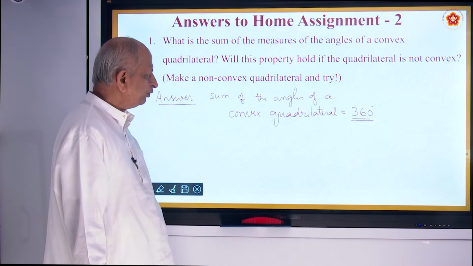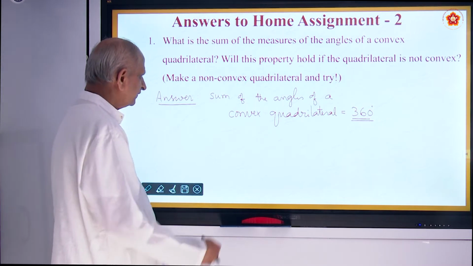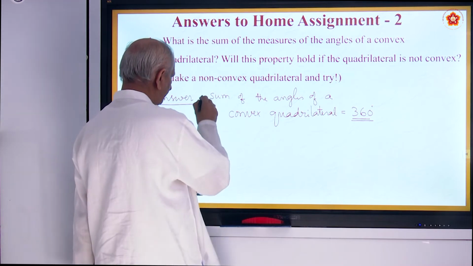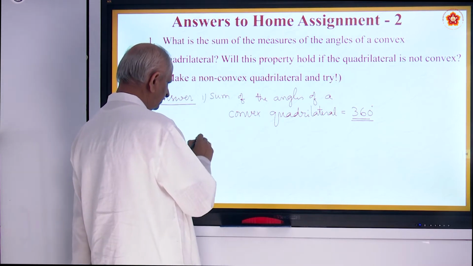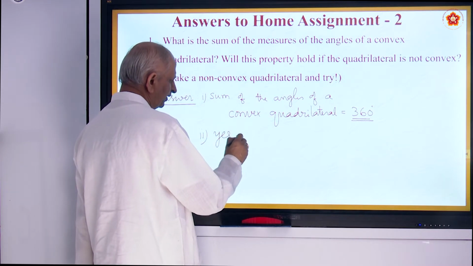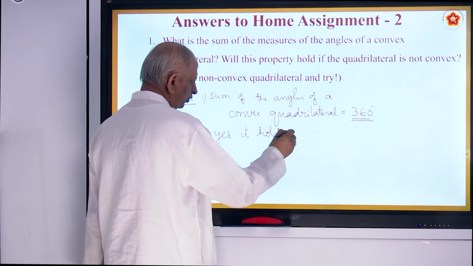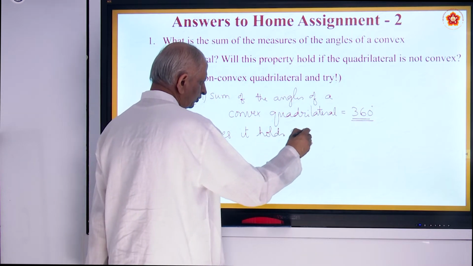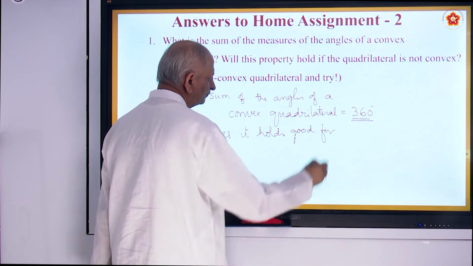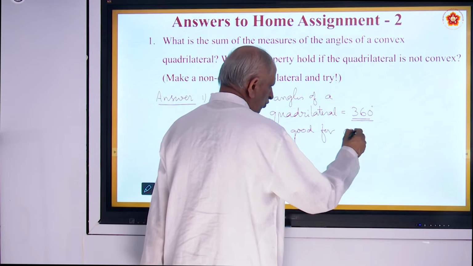Will this property hold good if the quadrilateral is not convex? Yes. So, the first answer is 360 degrees, and the second answer is yes. It holds good for concave polygons also.